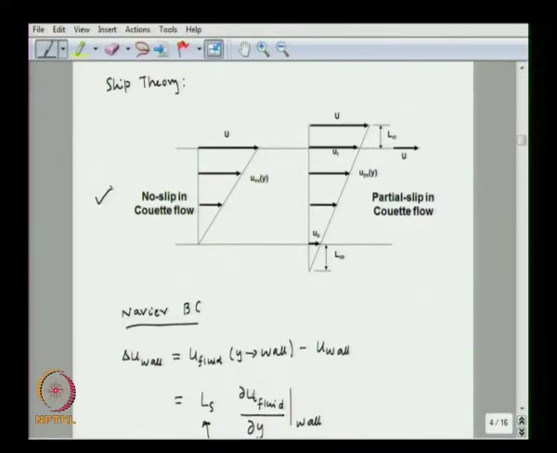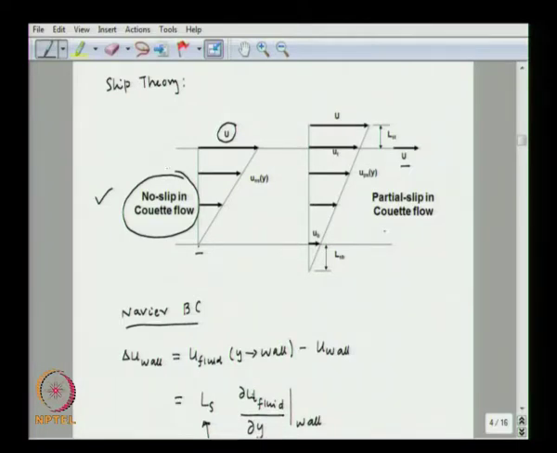As you can see in this figure, we are considering a Couette flow situation, and normally we have no slip boundary conditions valid. So here we have the top plate moving at velocity u and the bottom plate is stationary. So the velocity of the fluid at the bottom wall is 0 and at the top wall it obtains the same velocity as the velocity of the upper plate. So this is what we have seen in fluid mechanics, this is known as no slip in Couette flow.